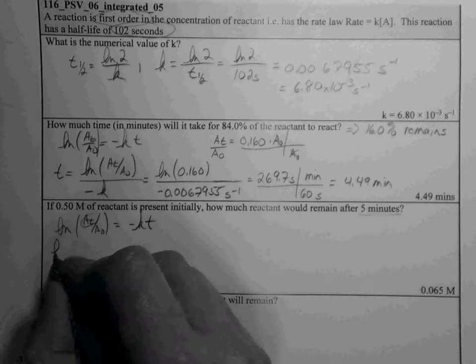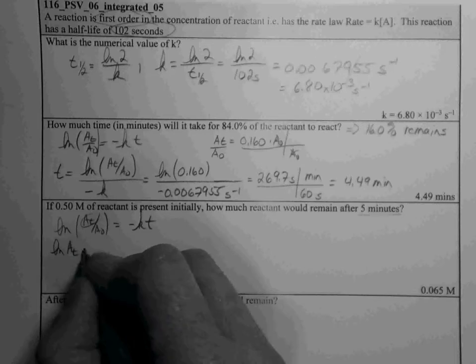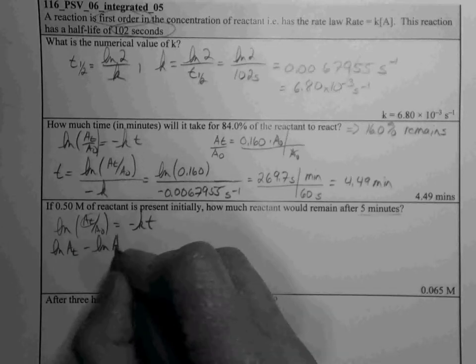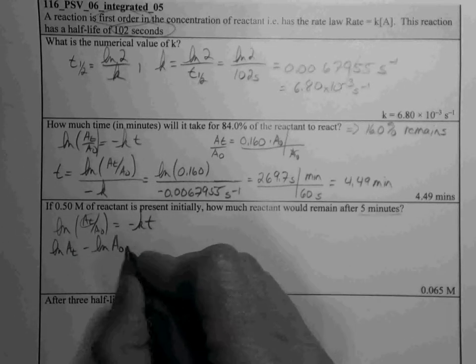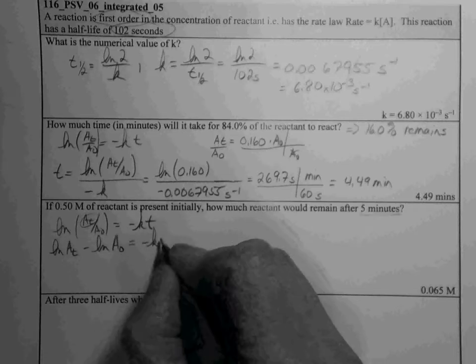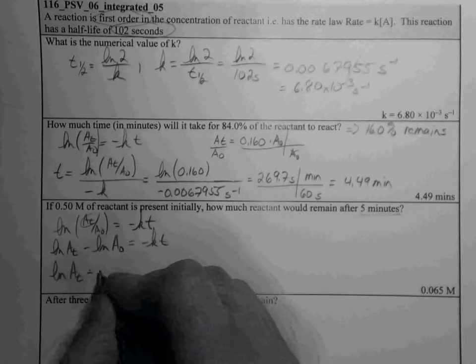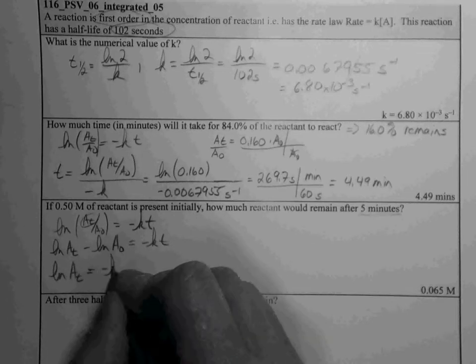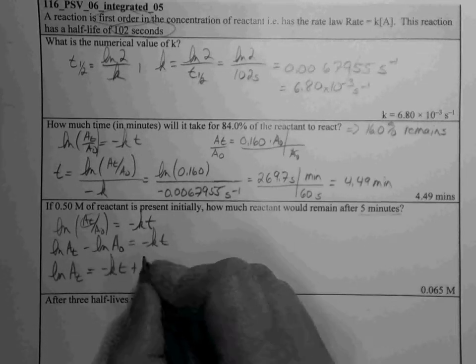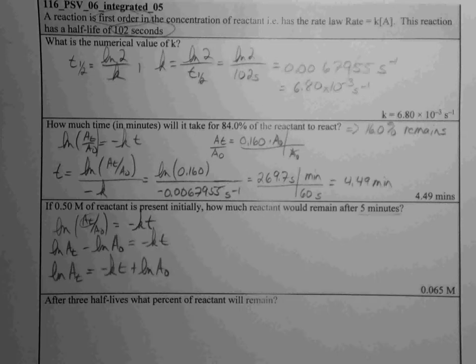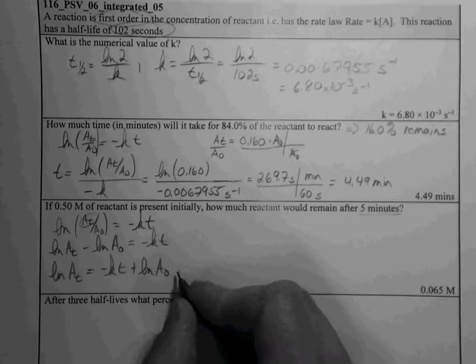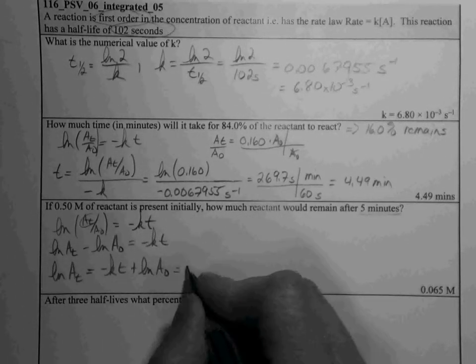Initially we have to expand this using the properties of logs. And we finally get ln of A of t is equal to minus kt plus ln of A0. Okay, so we can put in our values.